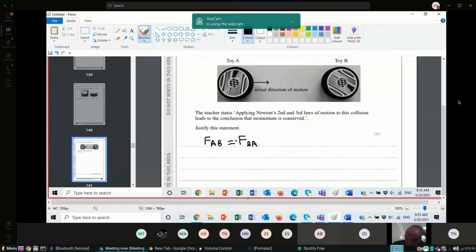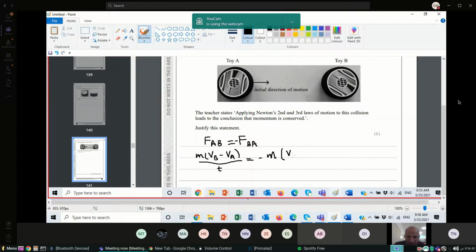And force equals the rate of change of momentum. So this equals m(VB minus VA) divided by the time. But where are we going with this? Because the equation for this would also be the same, only you have to write VA minus VB.